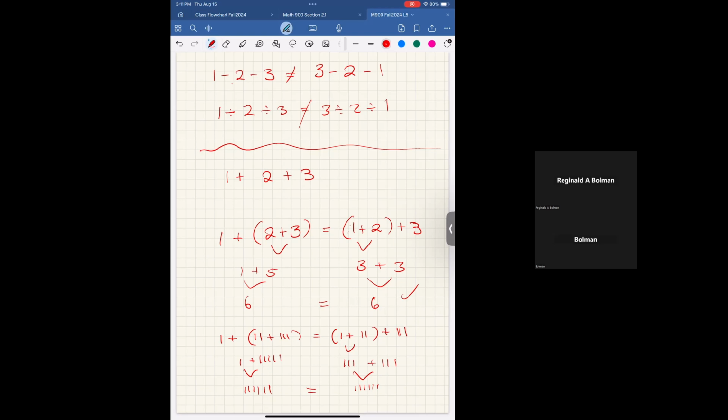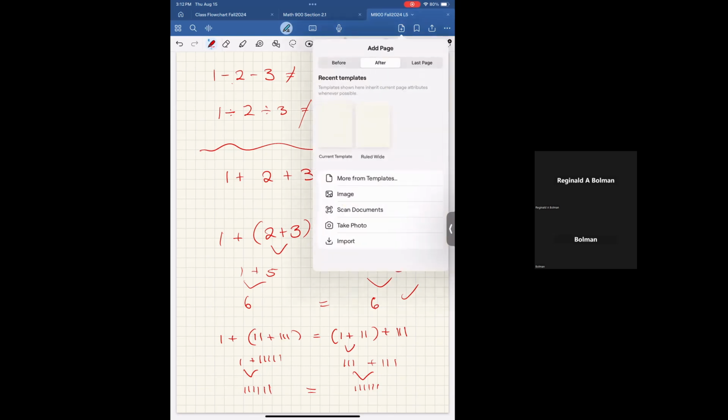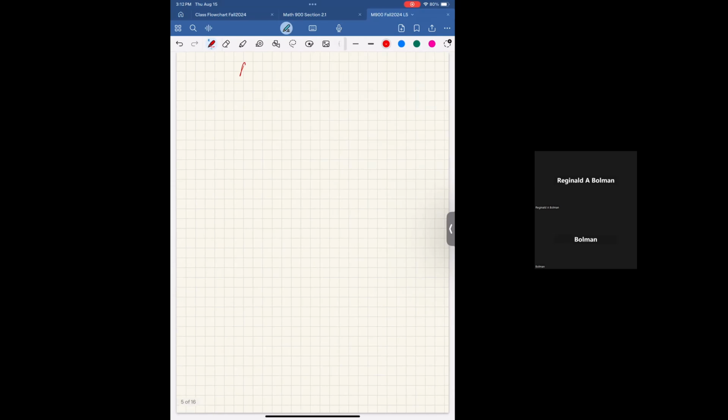So the representation doesn't matter. You didn't have to choose, say, the symbol 2 and 3 to represent the quantities 2 and 3. You could have chosen any symbol that you wanted to represent these values, and regardless, the actual operations themselves can be done in any order. That's very, very interesting. We call this property the associative law.